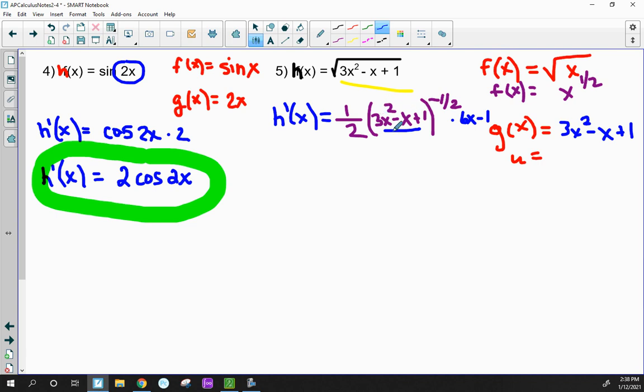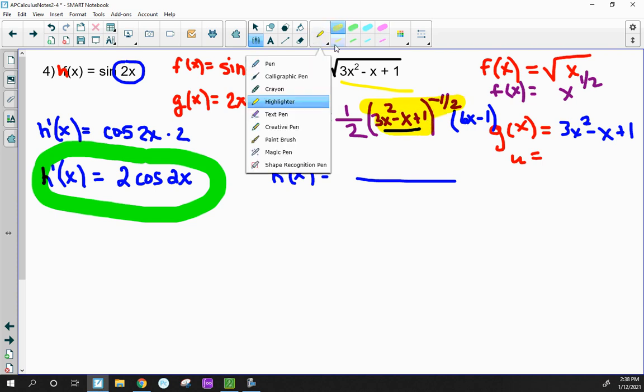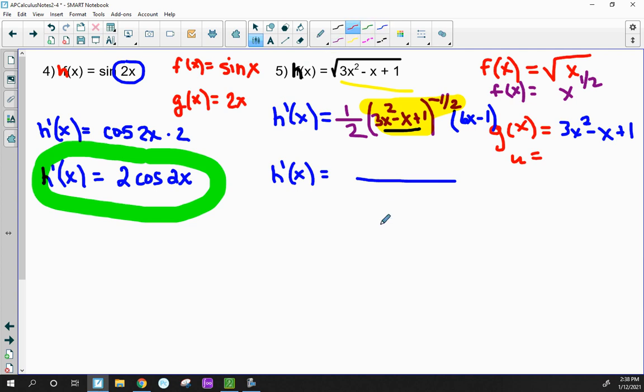Now, since this derivative of the g function is more than one term, please remember to put all of that in parentheses. And then we are ready to simplify. I would take this piece, raised to the negative 1/2 power, to the bottom and rewrite it.